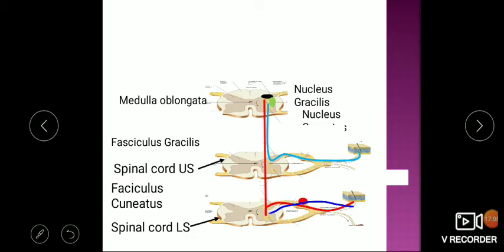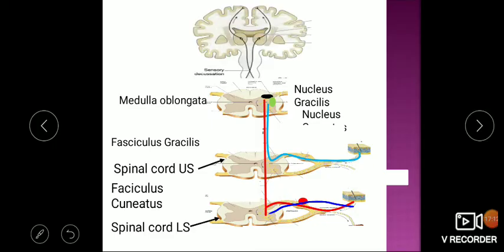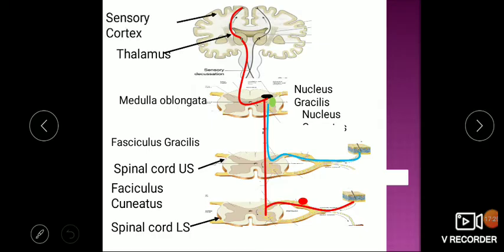Now these nuclei are the second order neurons. From here their axons will arise. They will now cross to the opposite side, decussate and go up to the thalamus. And from the thalamus they are again going to the sensory cortex, from the nucleus gracilis as well as from the nucleus cuneatus.